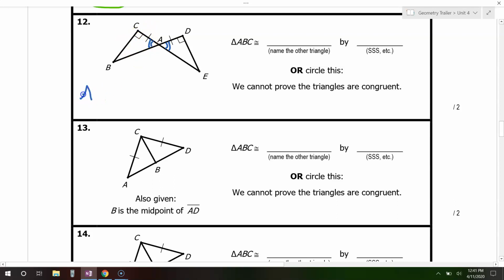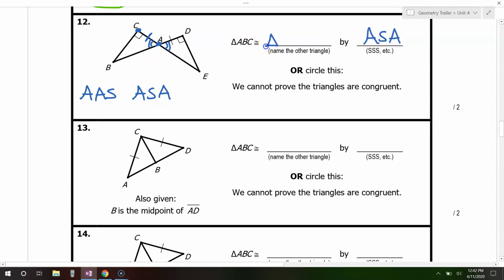That means this is either angle, angle, side, or angle, side, angle. For angle, side, angle, the side must be between the two angles. And that's what I see here. Here are the two angles, and yes, the side is between the two angles. So this is angle, side, angle.